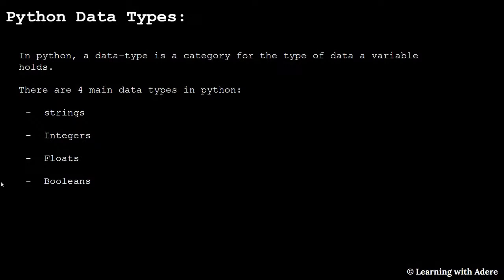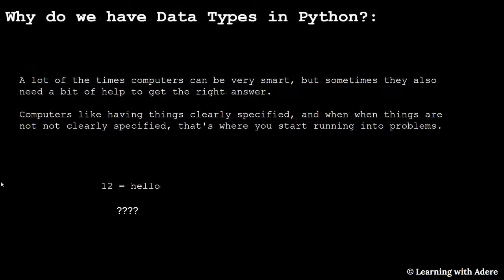So what you might be wondering right now is, why do we have data types in Python? Something to mention, in general, is that a lot of times computers can be very smart, but sometimes they also need a little bit of help to get the right answer. Computers like having things clearly specified, especially in Python. It's necessary, just as we can see with case sensitivity.